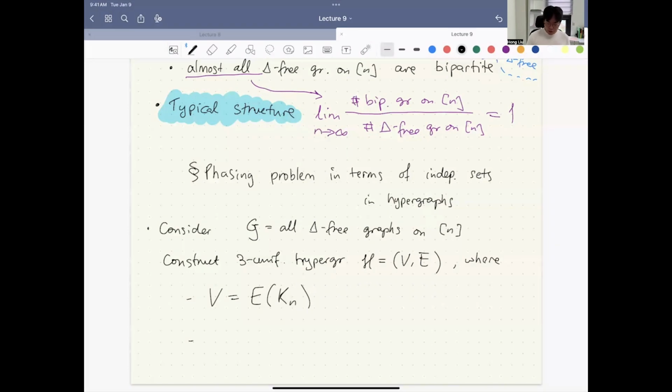And for the edges, every triangle in Kn gives rise to a 3-edge in H.